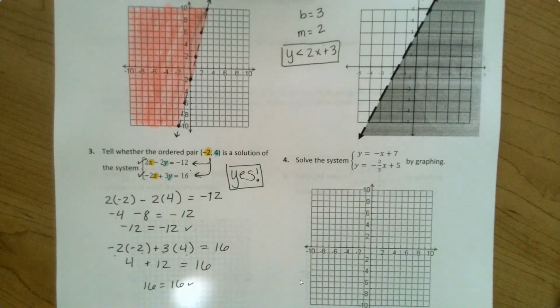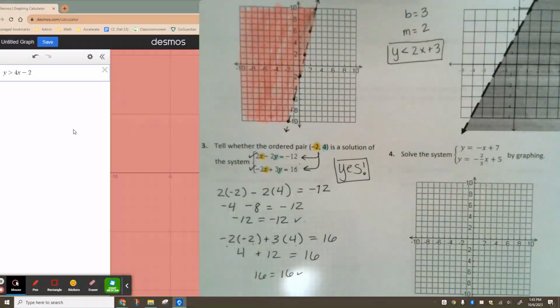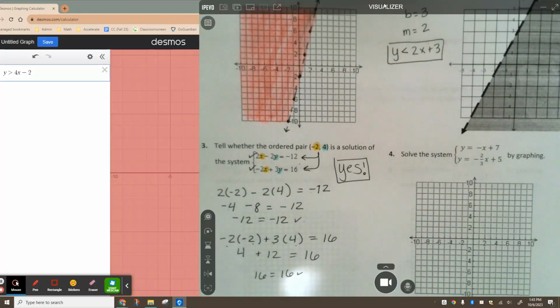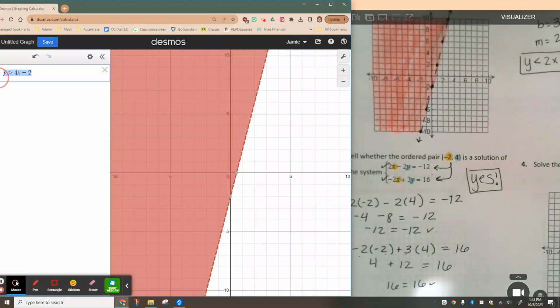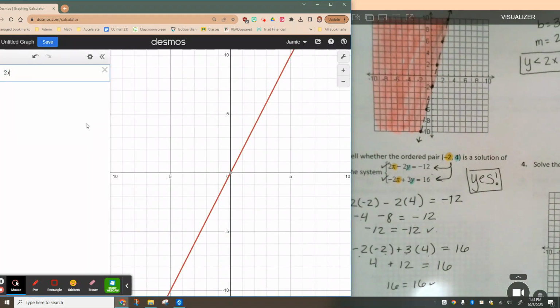Okay, so just to double check our work, and you have this as a resource, so why not use it? So let's type in our system. So we have 2x minus 2y equals -12.